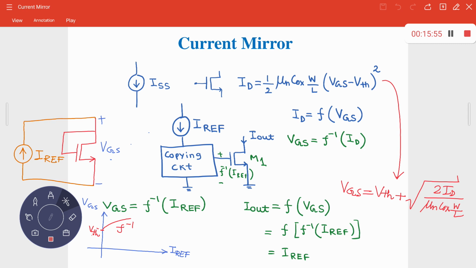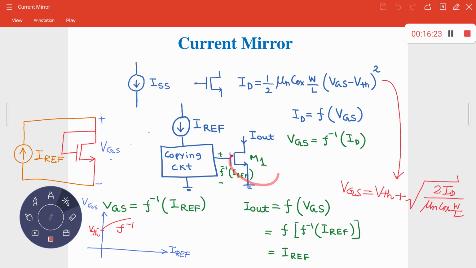So we have this constant current source I reference, and this copying circuit. You get some gate source voltage over here. Now you feed this voltage to the gate source of another circuit, and then what will be the current flowing through this MOS M1?